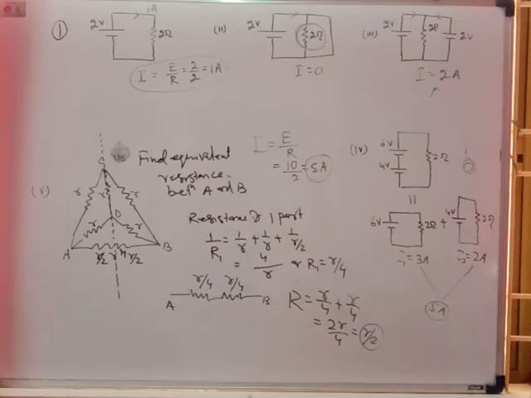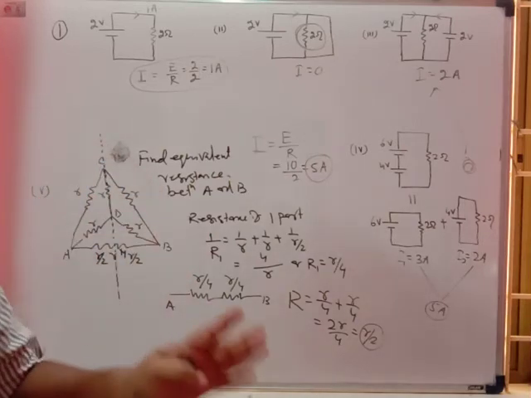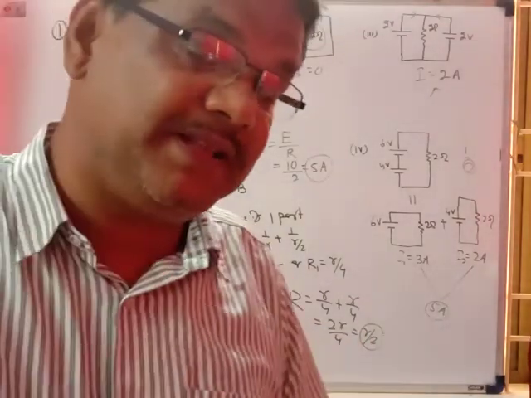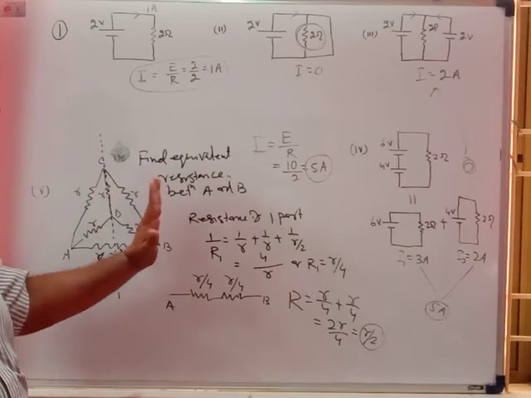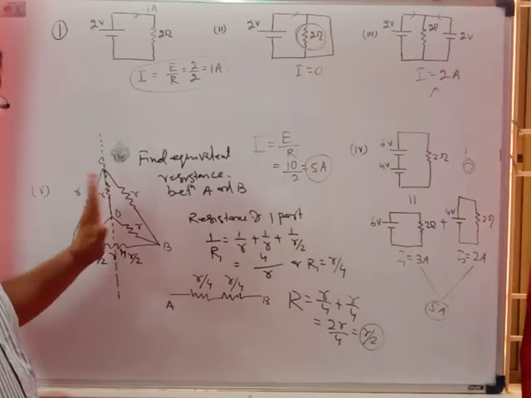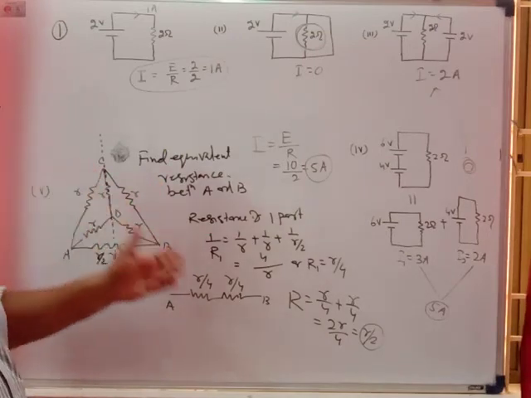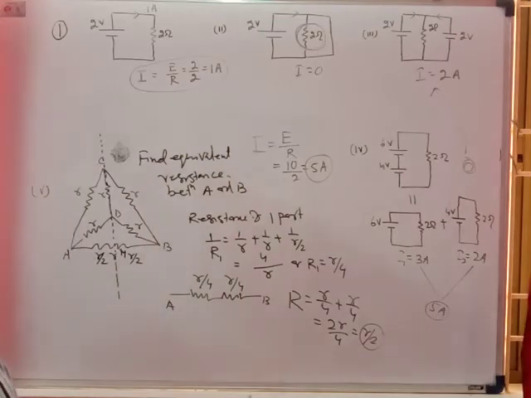So if you find this type of circuit looking symmetric in nature, symmetric meaning that the resistances on the left side must be equal to the resistances on the right side, in all such cases by the symmetric method you can calculate the total resistance as R by 2. This is a trick to calculate.